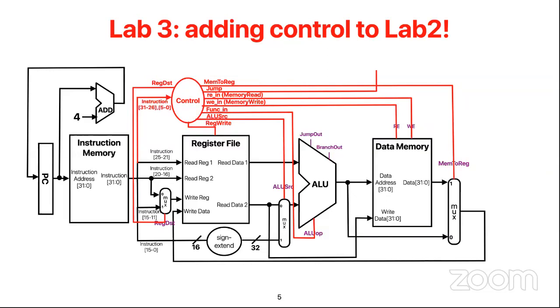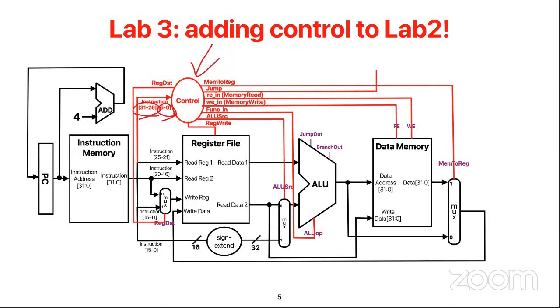To get the output from your control unit, how do you know what output you should produce for each instruction? You have to look at the opcode of each instruction to determine what type of instruction it is and what operation it requires. For arithmetic operations, we specifically have another function code that's encoded in bits 5 to 0.